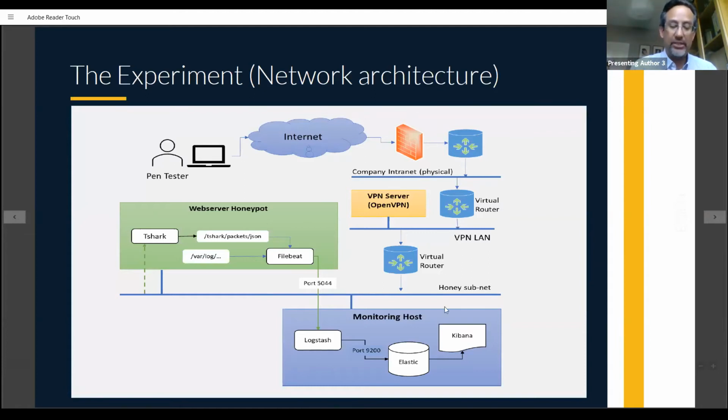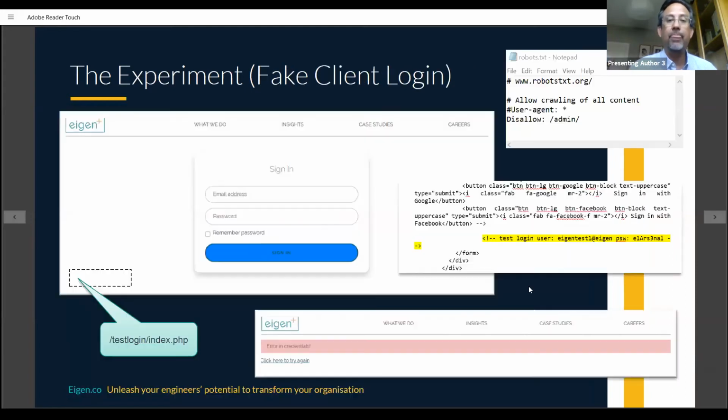For monitoring, we used the Elastic Stack as a monitoring harness, using Filebeat, Logstash, Elastic, and Kibana dashboard to visualize the log events. Also, TShark was used to monitor key network traffic traces, which was also monitored by Filebeat. By the way, all of this is open source, it's free, so any researcher can use it, although I would say it's quite challenging to configure.